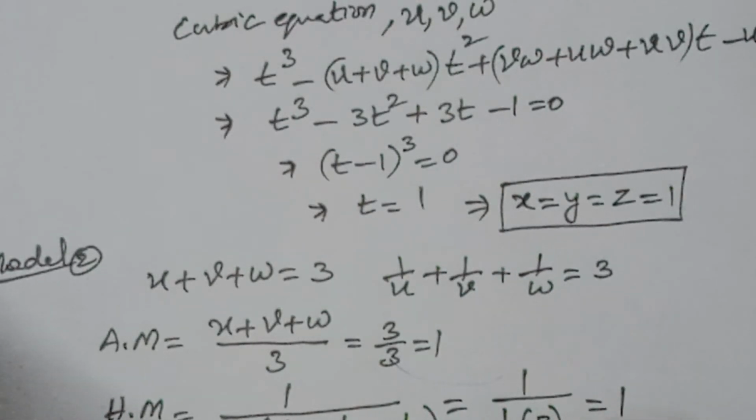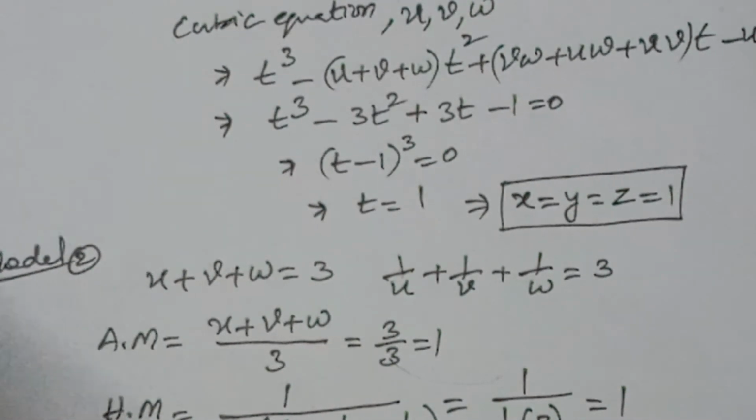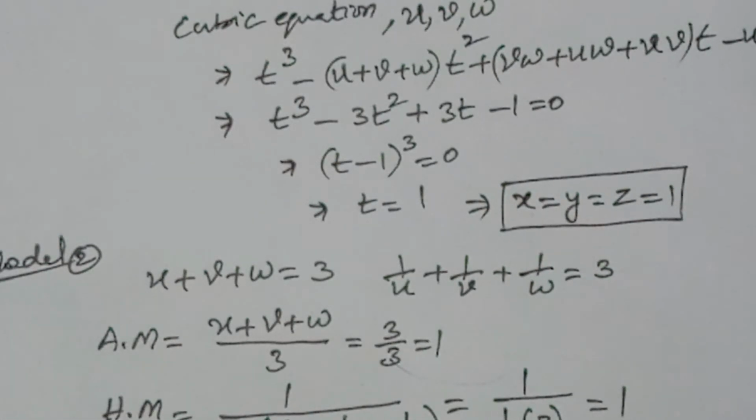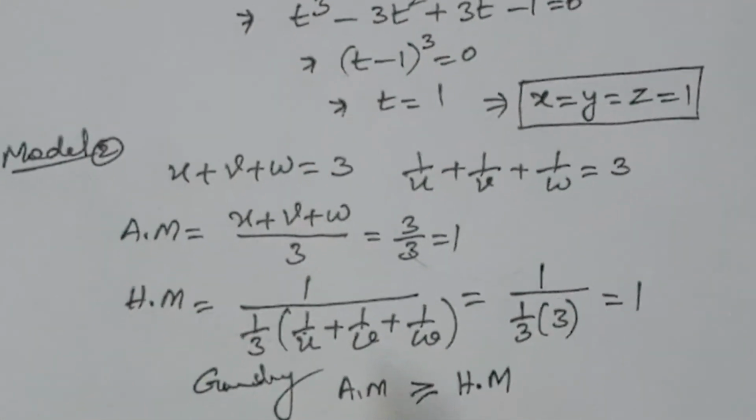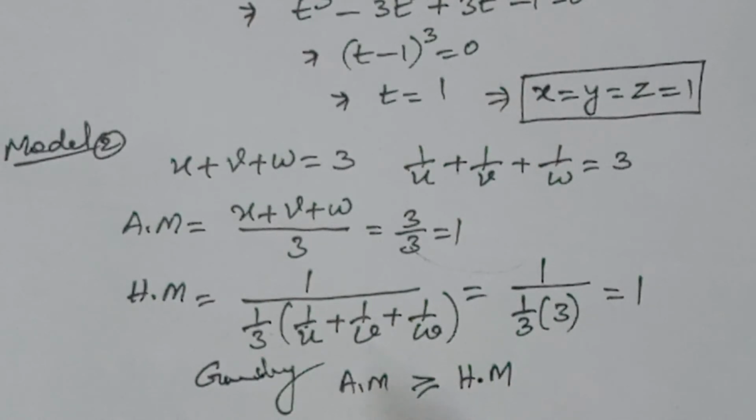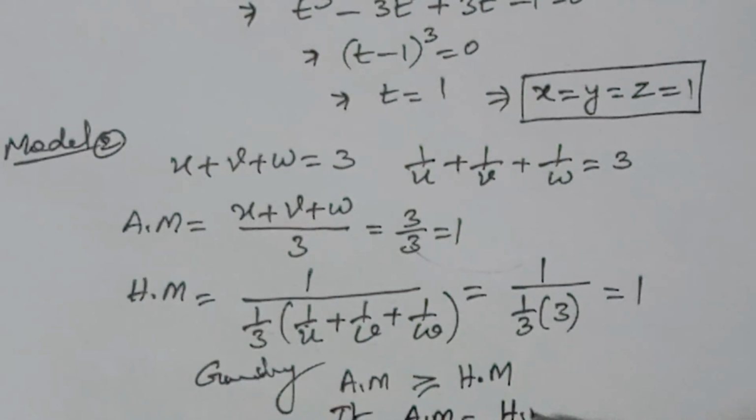Generally AM is greater than or equal to HM, but in this case AM is equal to HM. Generally AM is greater than or equal to HM, and if AM is equal to HM, then u is equal to v is equal to w equal to 1.